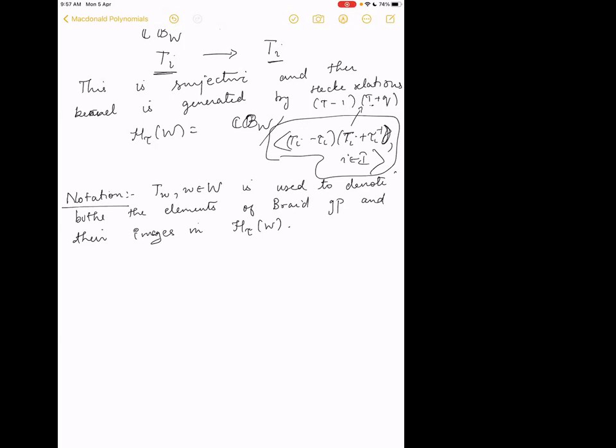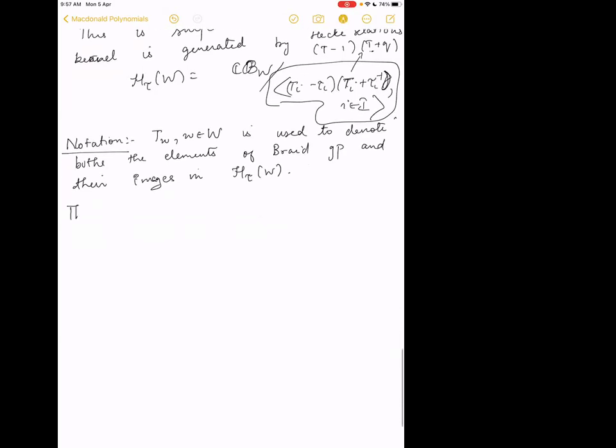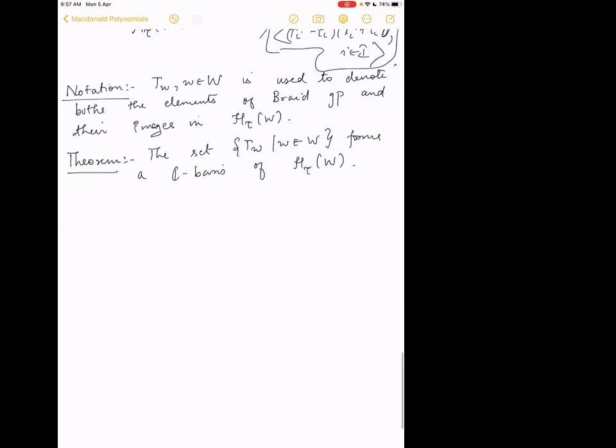And yeah, so there is a theorem which I will probably not prove. I mean, I could give a sketch, but I've already spent. Okay, so the set T_w, w in W forms a C-basis of H_tau of W. One reference for this is Humphreys.